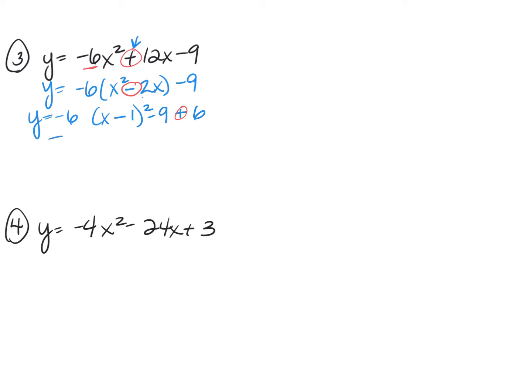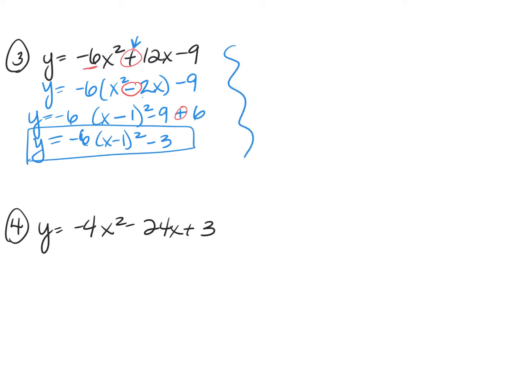Now let's clean this up. Negative 9 plus 6 gives me negative 3. All right, there it is in vertex form. Let's check it. Y equals negative 6 times x minus 1 times x minus 1 minus 3.